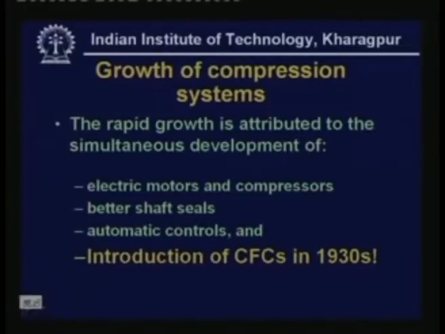And the most important factor for the rapid growth is the introduction of CFCs in the 1930s. We will see in subsequent lessons how CFCs have actually revolutionized refrigeration technology. So beginning with the 1920s, right after the First World War, there is a sudden rapid growth in vapor compression refrigerant systems and other types of refrigerant systems all over the world.